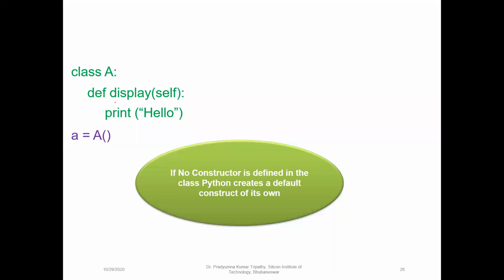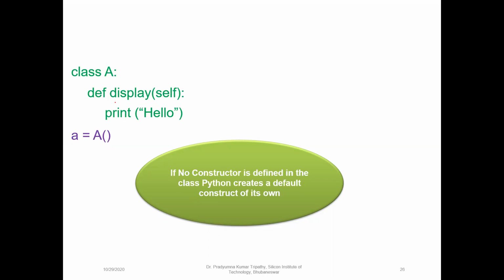If no constructor is defined in the class, Python creates a default constructor of its own. Correct? Is it understood, this one?